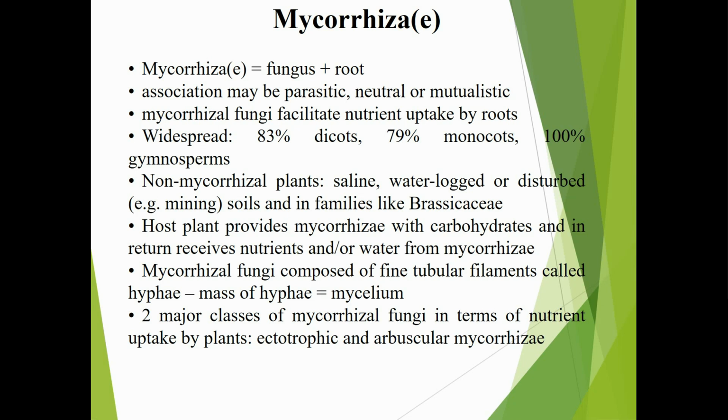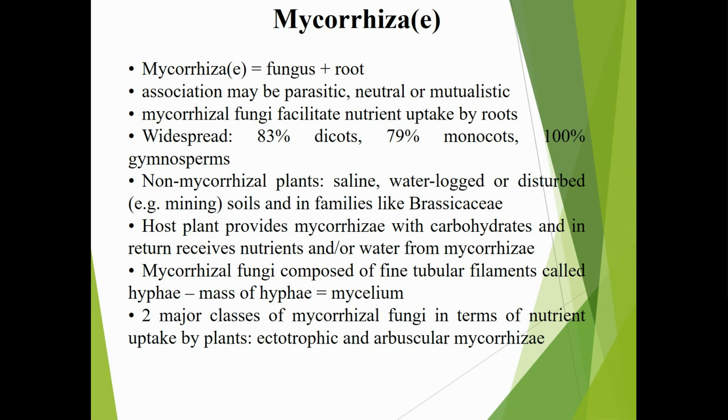So again, the same with the bacteria and the legumes. We have a situation where the mycorrhizal fungi is given carbohydrates, and in return, the mycorrhiza will fixate that atmospheric nitrogen.